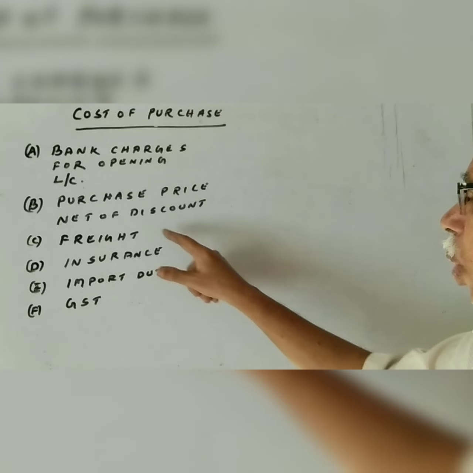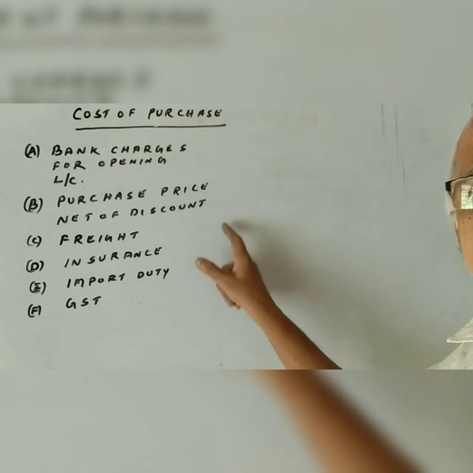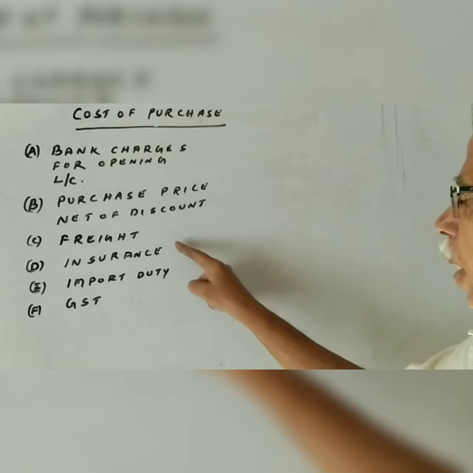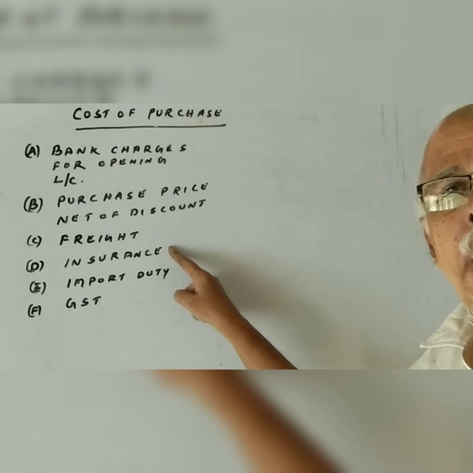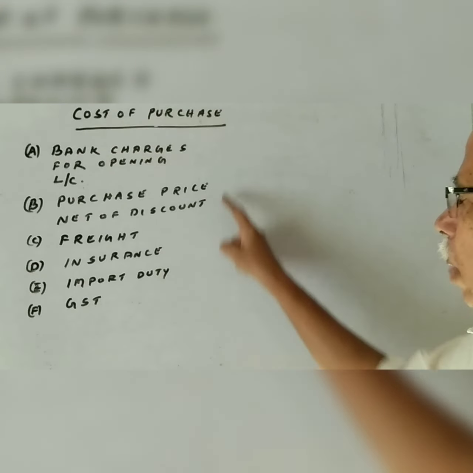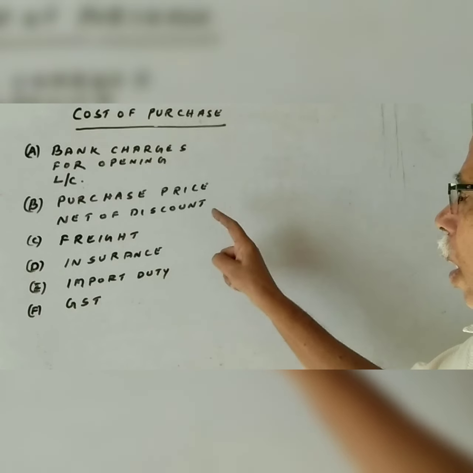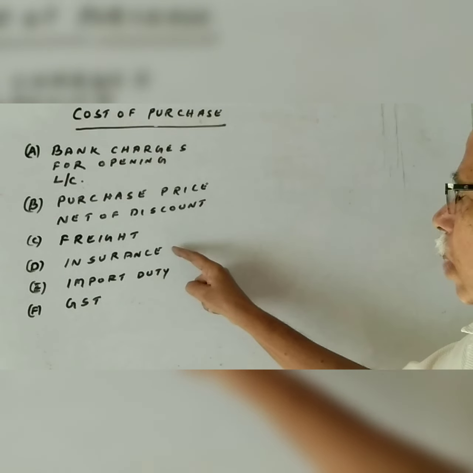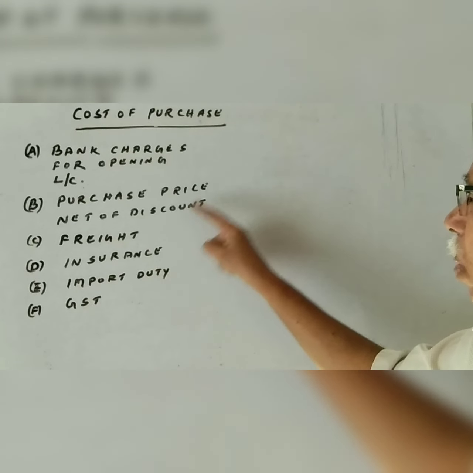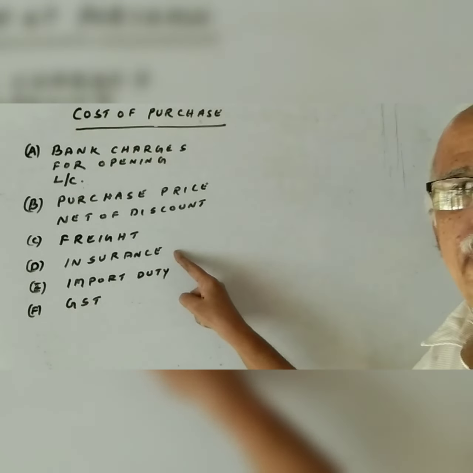Thereafter, it will be the duty of the buyer to pay the remaining charges. So the buyer will be required to pay freight and insurance if he is buying the goods on FOB terms. On the contrary, if the buyer is buying the goods on CIF terms, it will include purchase price, freight and insurance.